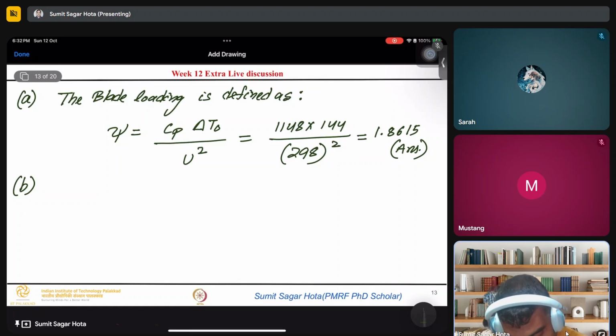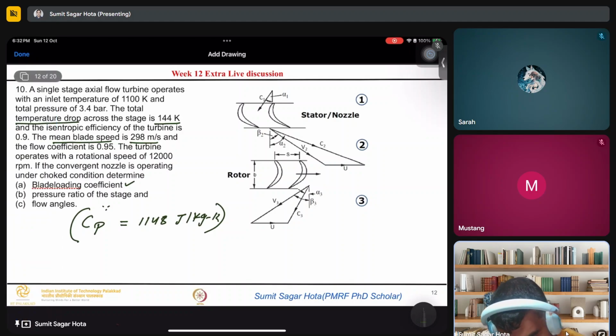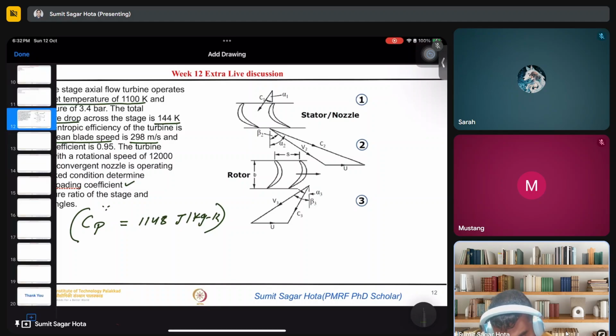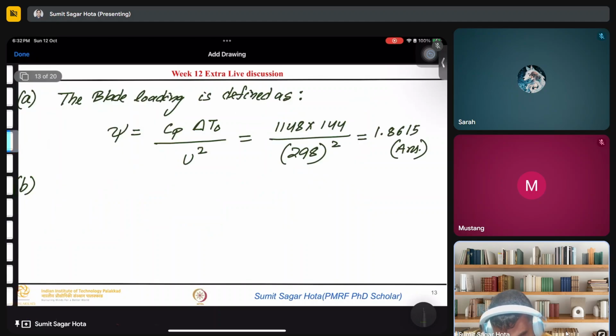In the question, it's mentioned that the inlet temperature is 1100 Kelvin and the pressure is 3.4 bar. That temperature is also going to be the same for the stator and nozzle, there won't be any temperature change. There will be temperature change only in the rotor stage, and that temperature difference we also know.